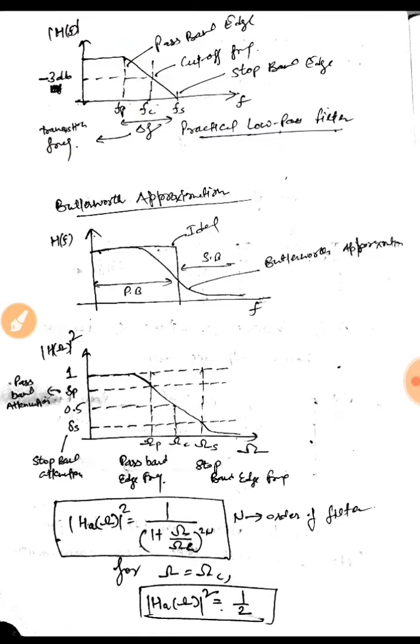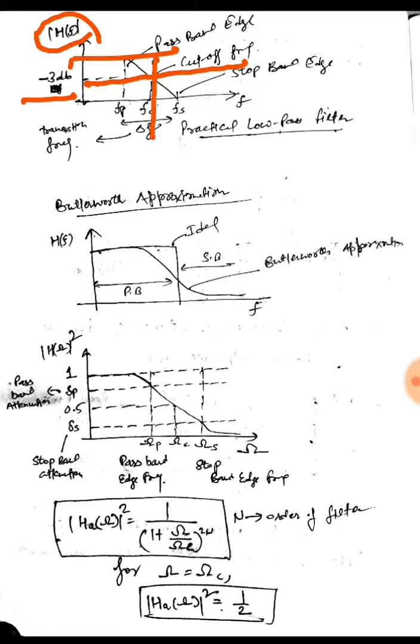The cutoff frequency would come out at the point where the magnitude of our transfer function is minus 3 dB, that is 3 dB less than the highest value. That is, if the highest value is 1, then it is 1 minus 3 dB. That is the frequency at which the magnitude is 3 dB less than the higher value.